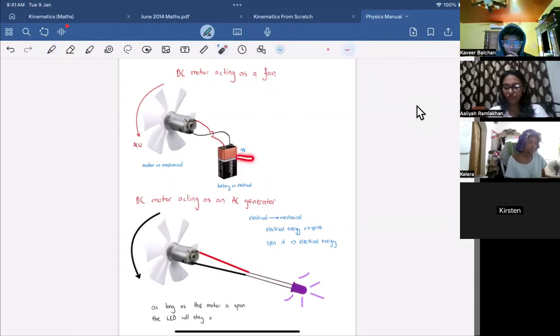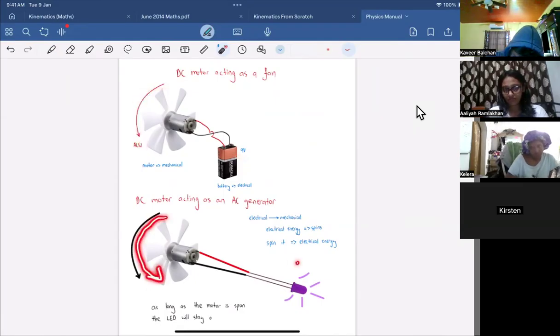Aliyah, if I increase the voltage, do you think the motor will spin faster or slower? Faster. If I spin this faster, will the light shine brighter or dimmer? Brighter. Right. So a DC motor could act as an AC generator. You just try to spin it.